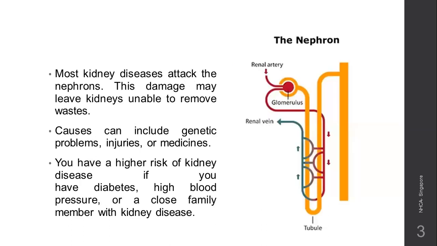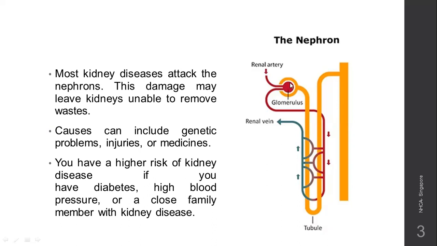So this is the structural and functional unit of the kidney, the nephron. Most kidney diseases attack the nephrons. This damage may leave the kidneys unable to remove waste, because you can see here, the renal artery will bring all the blood into the glomerulus.